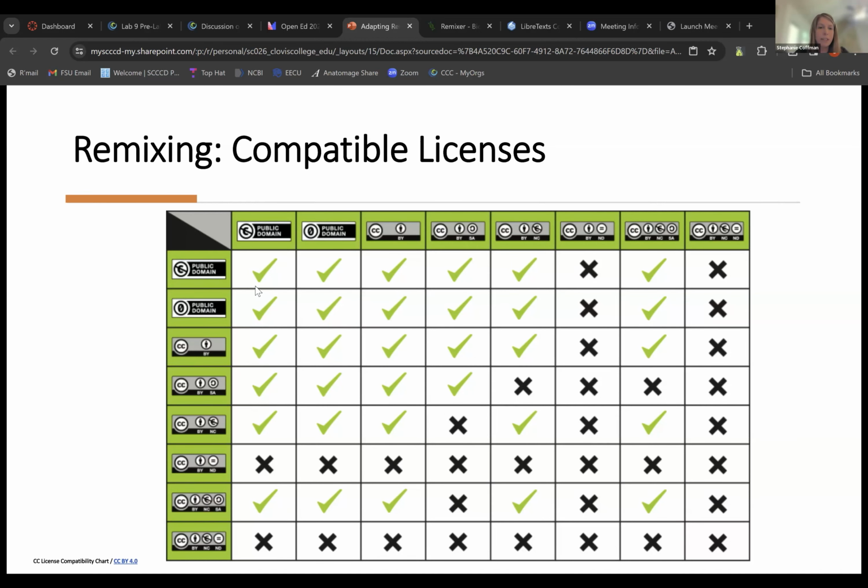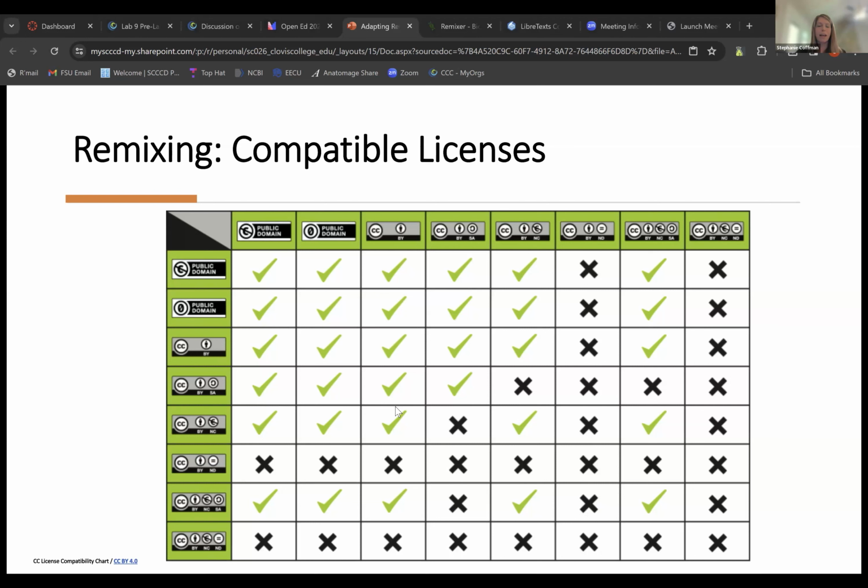And the more restrictive the license is, the fewer other licenses it is going to be compatible with. So if you start with our first column, that's the public domain, it's compatible with basically everything except the non-derivatives, right? Same thing with our CC BY license, it's going to be compatible with everything except the non-derivatives.